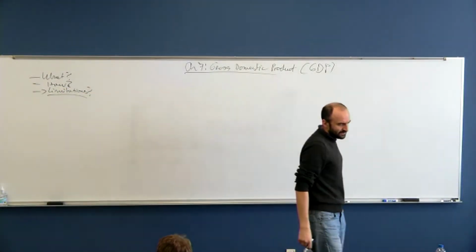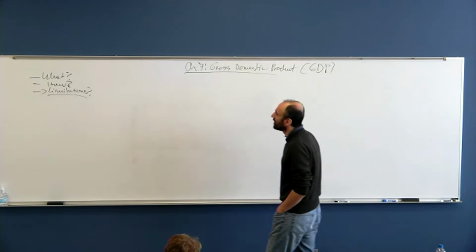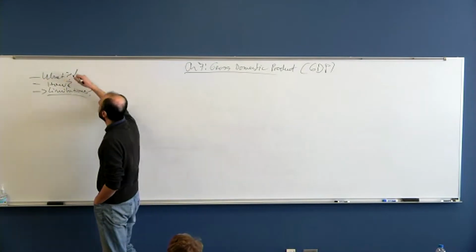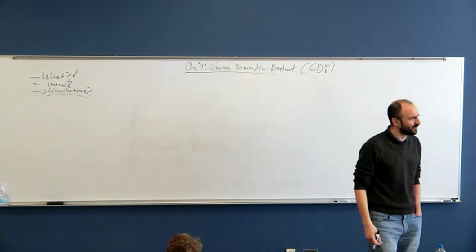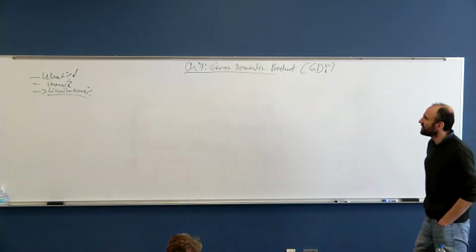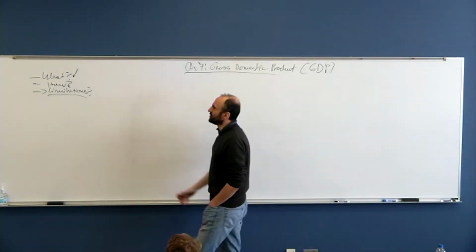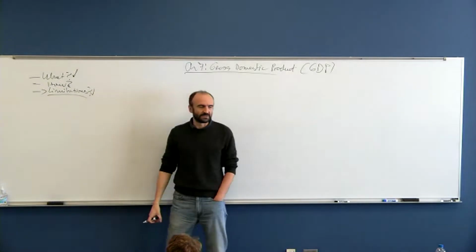So we will deal today mostly with the question why, what it measures. What is GDP? What is the definition of GDP? And what it does measure and what it does not measure. In other words, what are the limitations?